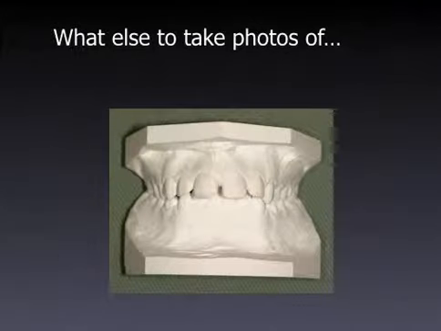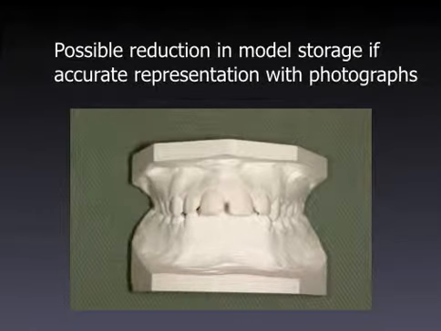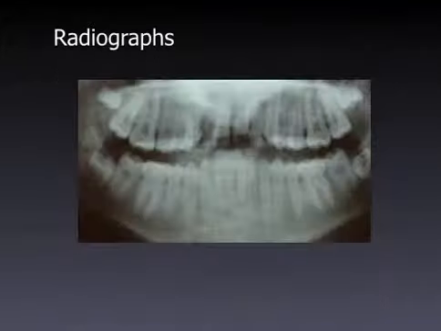So apart from taking pictures of patients, we can take photos of study models. These days, with the advent of scanning, probably not quite as needed, although if you want some help with treatment planning, taking some easy or quick photographs of study models, which then can be emailed to a colleague, it's a lot easier than trying to send a large STL file.